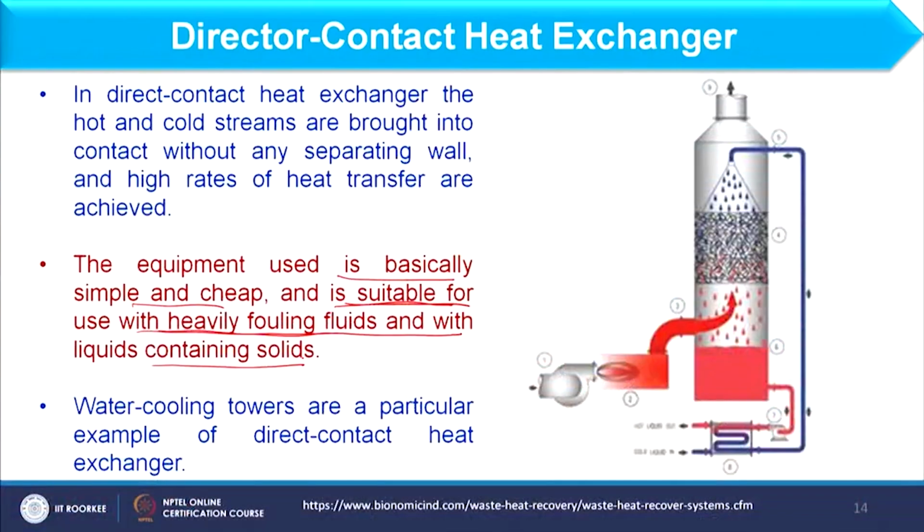So water cooling towers and air coolers are examples of direct contact heat exchangers, and here I have one image of a direct contact heat exchanger, and details you can find here.